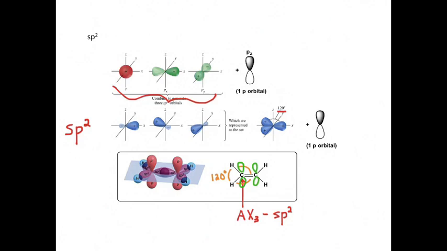Now these p orbitals can also participate in a bond. So if we look here, these p orbitals can participate in a bond, and this is now a different type of bond. So when orbitals are parallel to the bond, that's called a sigma bond.